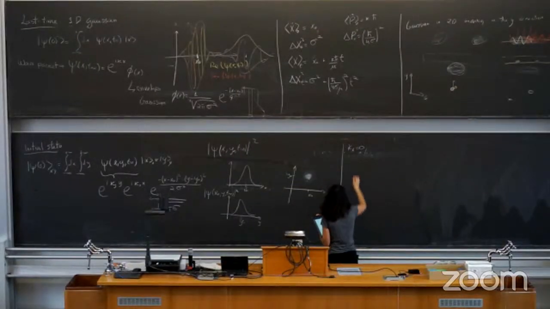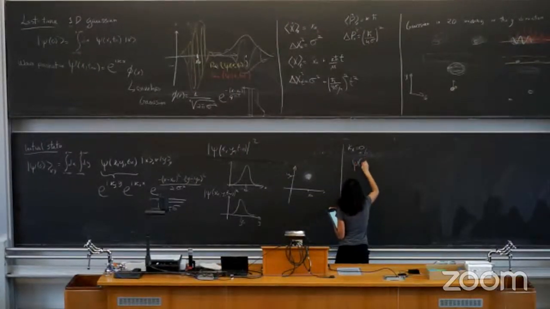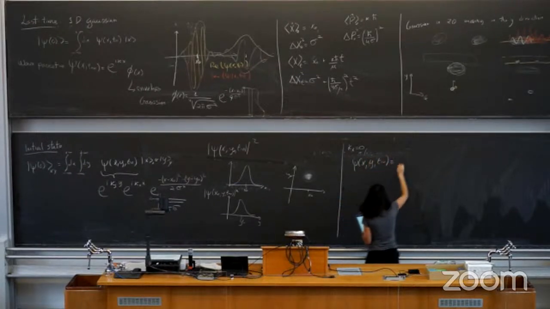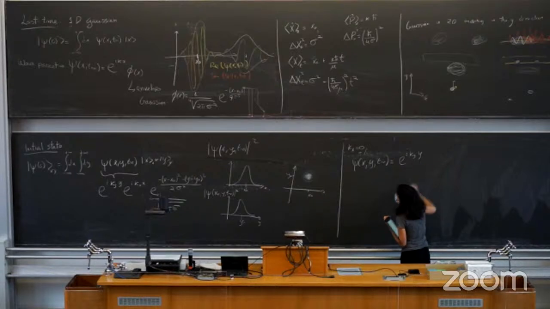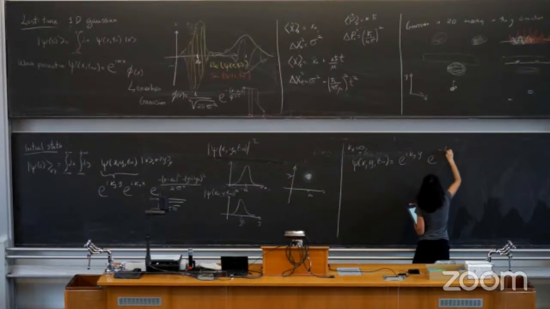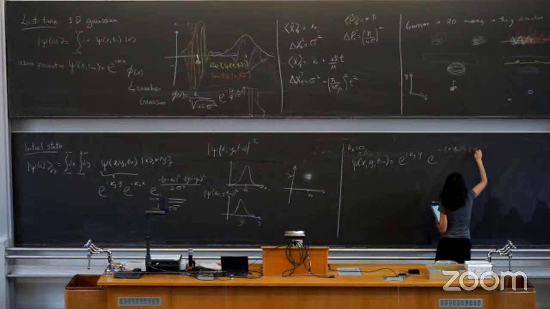So then I have x, y equals 0. It's just y. And because we only have, I leave it. Sigma squared.